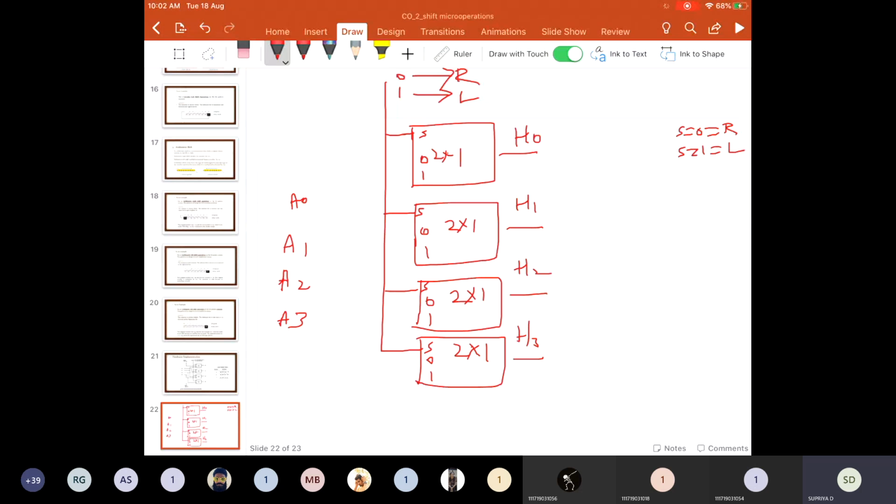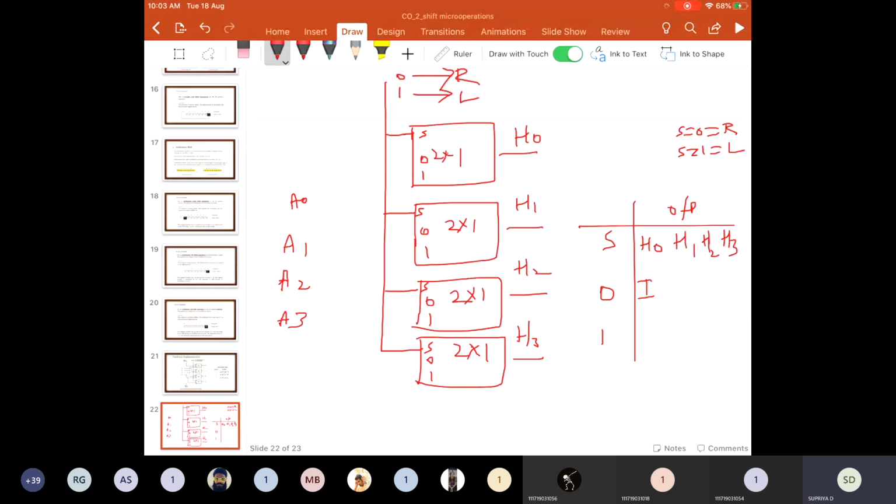Let us see how these operations are performed. I'm writing the functional table or the truth table. S can be 0 or S can be 1. The possible outputs are H0, H1, H2, H3. Since I'm giving the parallel load here, I'll be getting the output at a time from the 4 multiplexers.